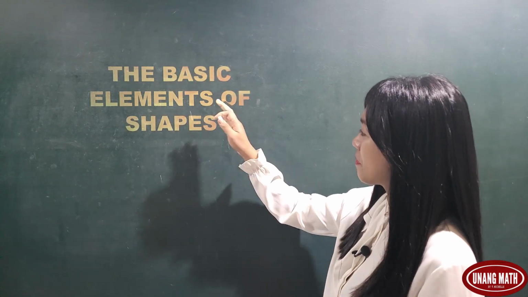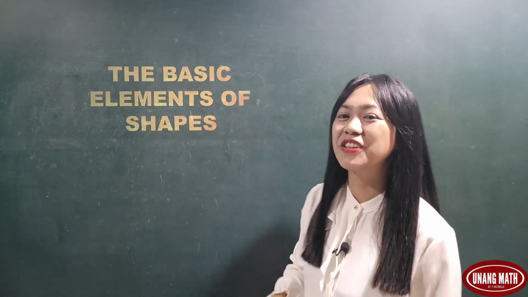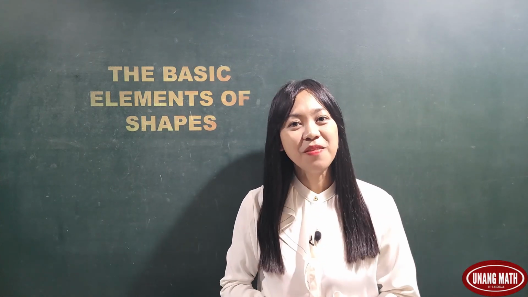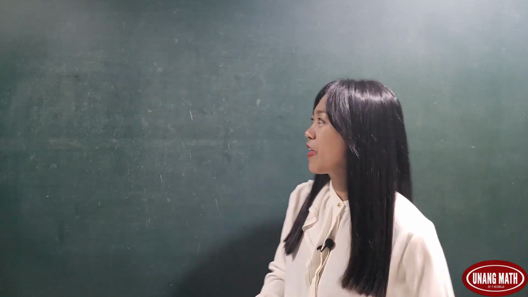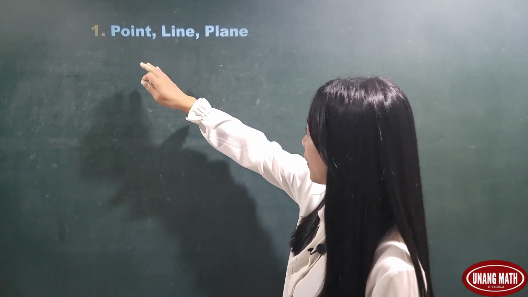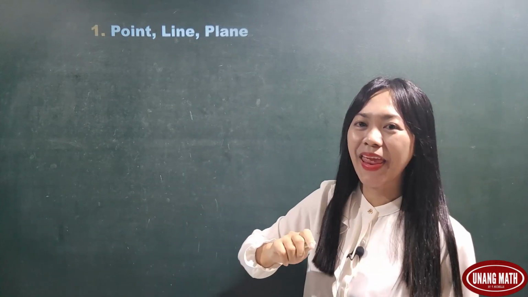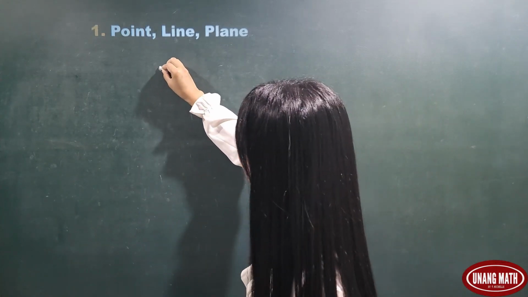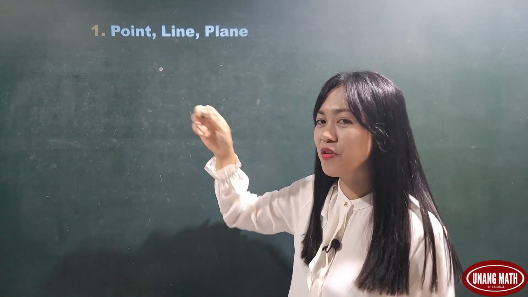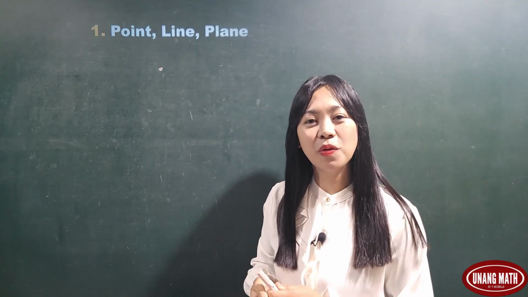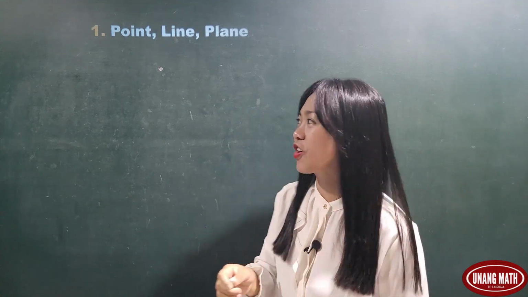In this episode, our lesson is the basic elements of shapes. There are three basic elements of shapes. These are what we call point, line, and plane. When we say point, this is a specific location with no size and dimension.